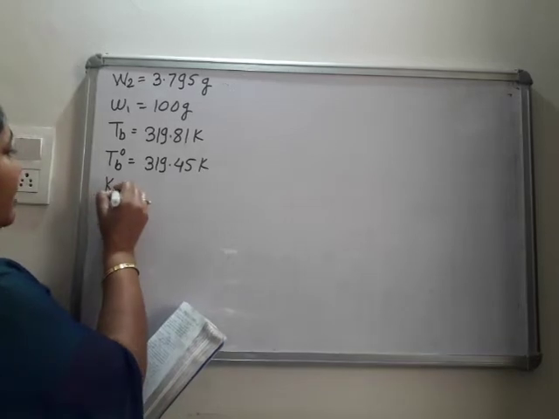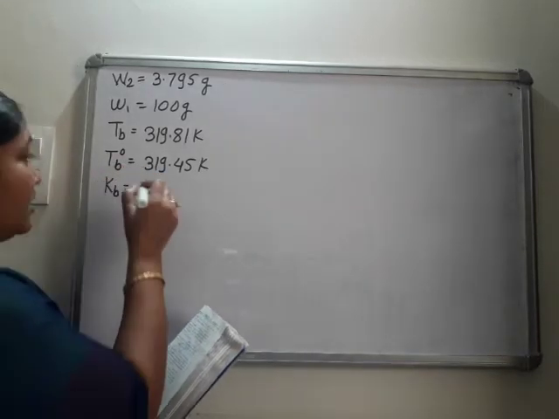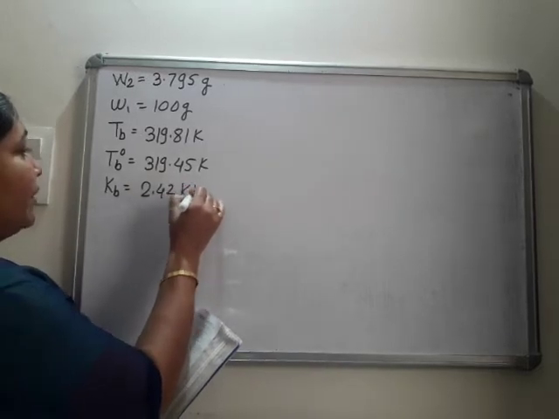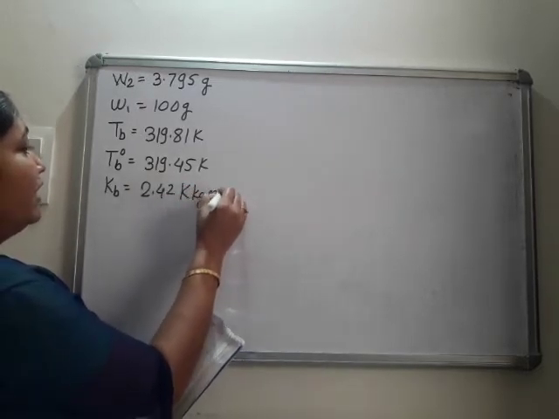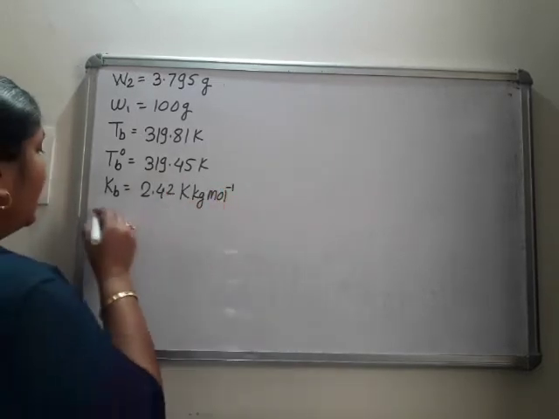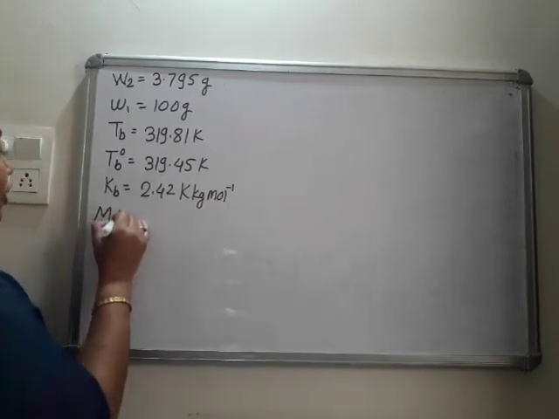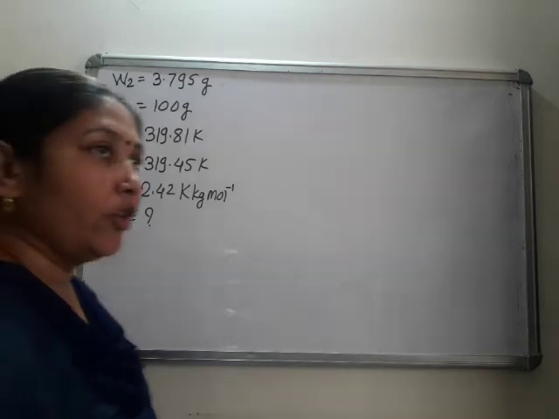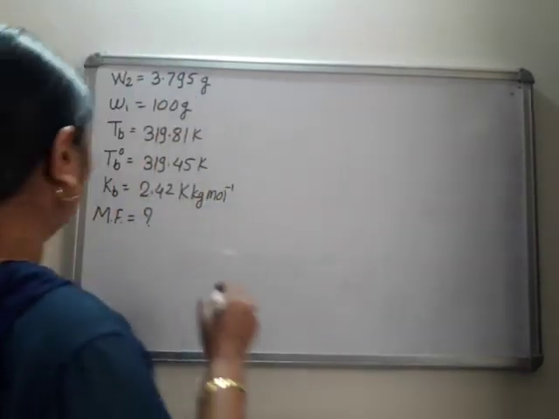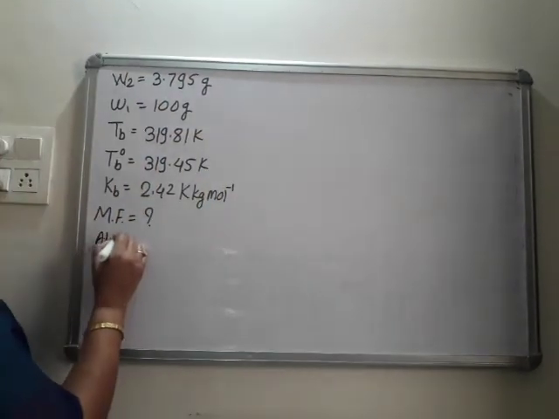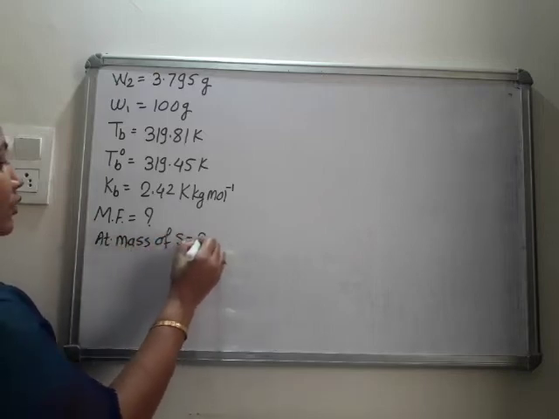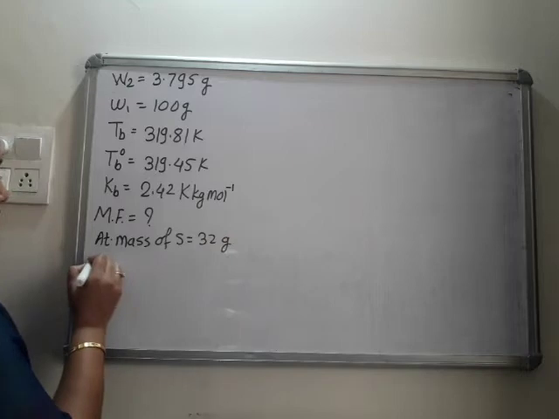And they have given Kb also. Kb is 2.42 Kelvin kg per mole. And the question is molecular formula of sulfur. Atomic mass they have given, 32. Atomic mass of sulfur is equal to 32 gram.